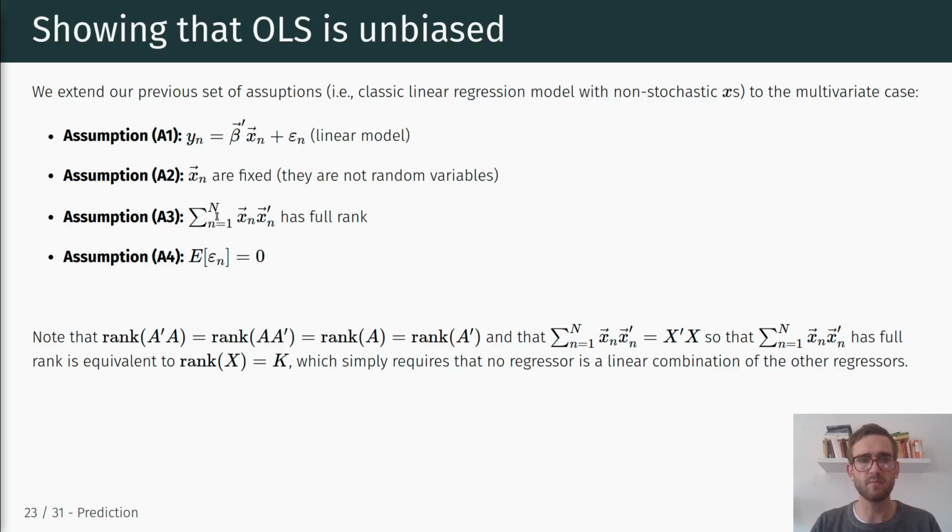So this assumption implies that there's no perfect correlation between one of the regressors and another regressor or a set of other regressors. This is implicit in that assumption of full rank in xn prime.